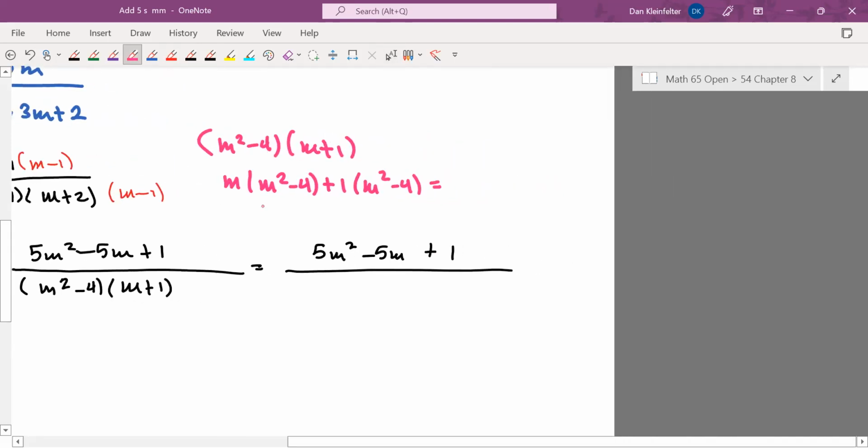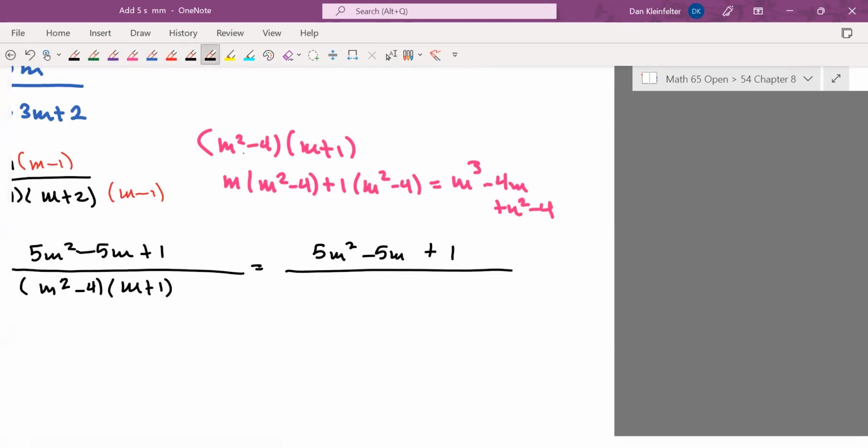Okay, this will give us m cubed minus 4m plus m squared minus 4. So let me put that in order when I recopy it. We'll have m cubed plus m squared minus 4m minus 4.